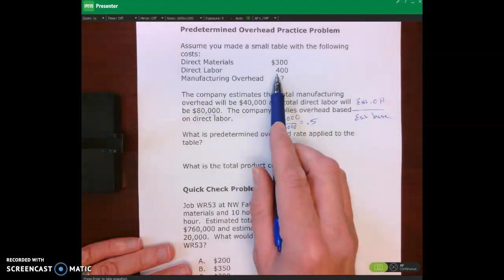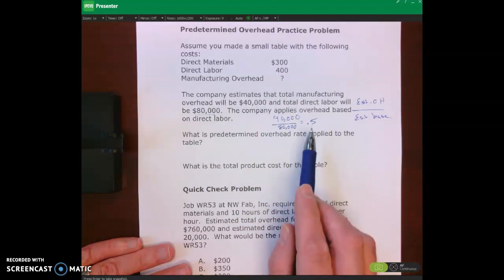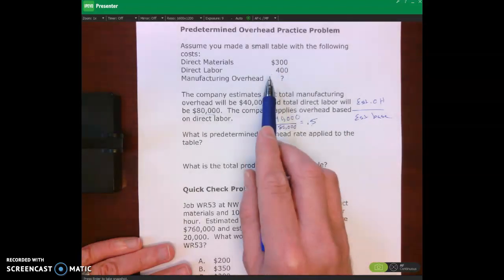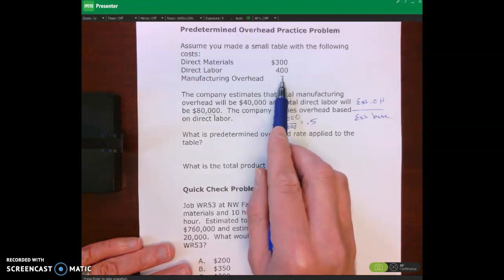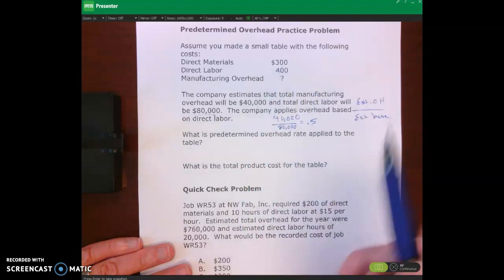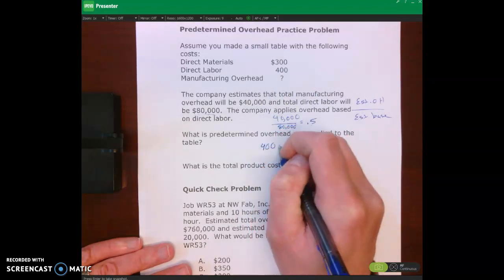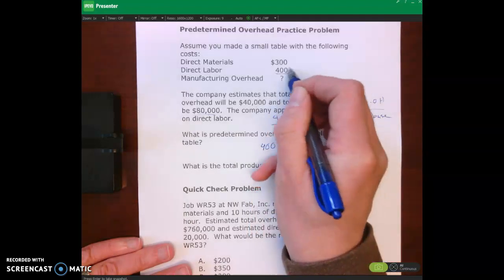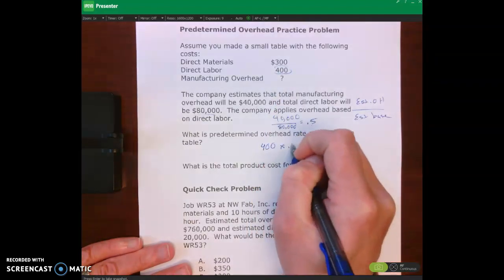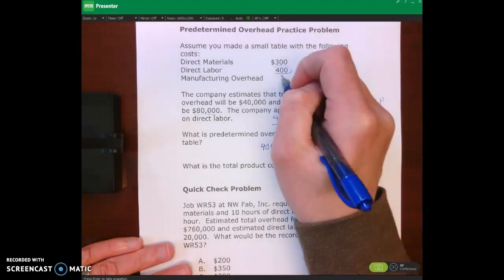If we know it takes us $400 of direct labor to make this table, and we apply 50 cents of overhead to this job for every direct labor dollar, what we can do is take our 400, which is the amount of allocation base used, times our rate, which is 0.5, which gives 200.